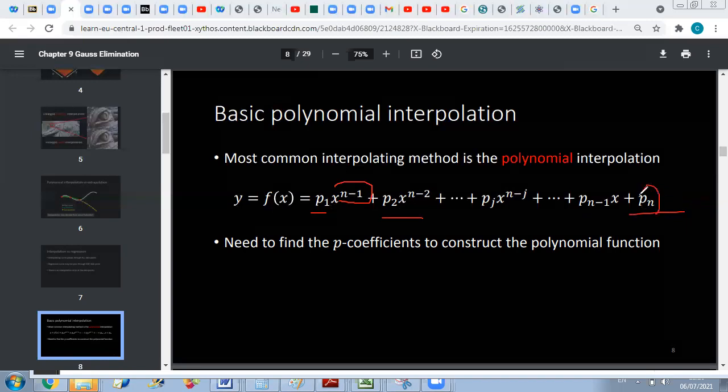You have one coefficient for x power 0, one coefficient for x power 1, until one coefficient for power n minus 1. So in total, the number of coefficients needed is equal to n. And the higher the order of your polynomial, the higher your unknowns, and the higher the number of data points you should have.